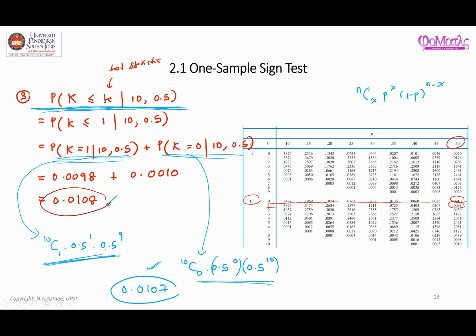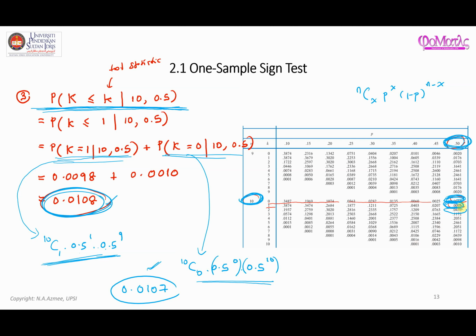You go to 10, 0.5, and if you consider this probability, this is too far from 0.025. If you add this probability and this probability, this is about 0.0108.